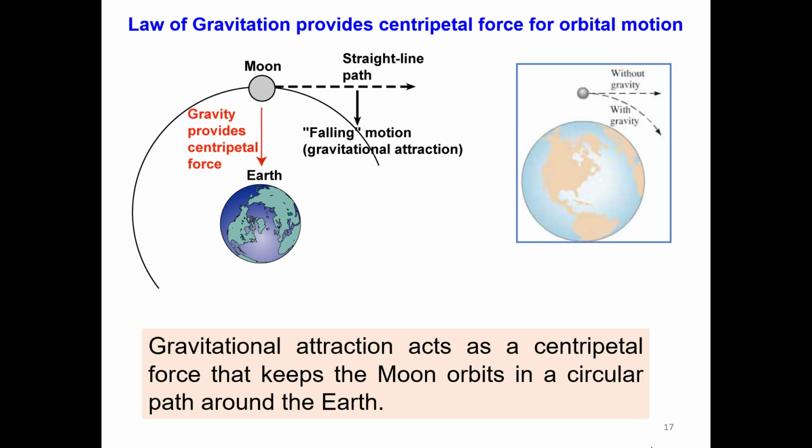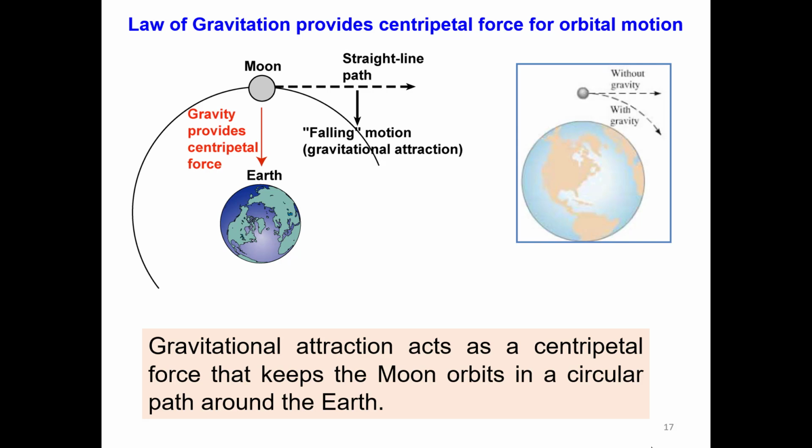This force is called the tension force. The centripetal force can be any force that keeps the object in a circular path. In this case, the centripetal force is a tension force, the force through the string.